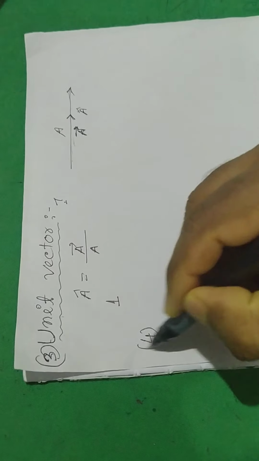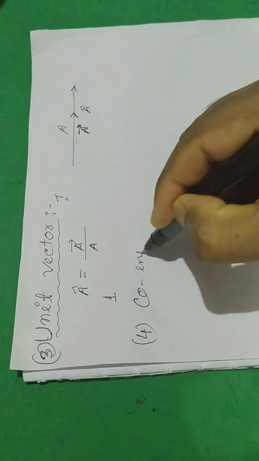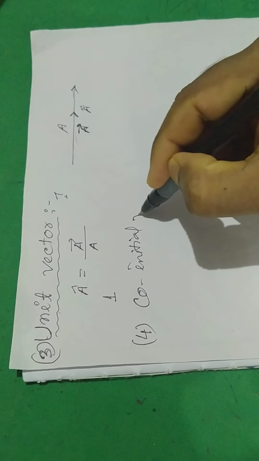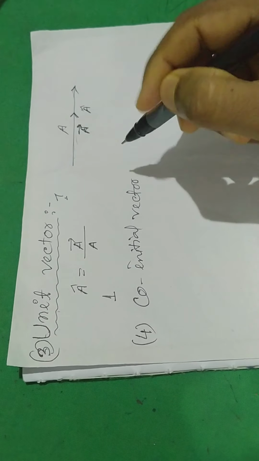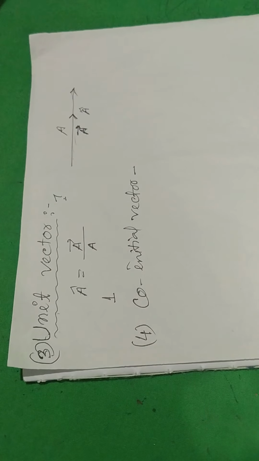Now number 4, co-initial vectors. A number of vectors having a common initial point are called co-initial vectors.